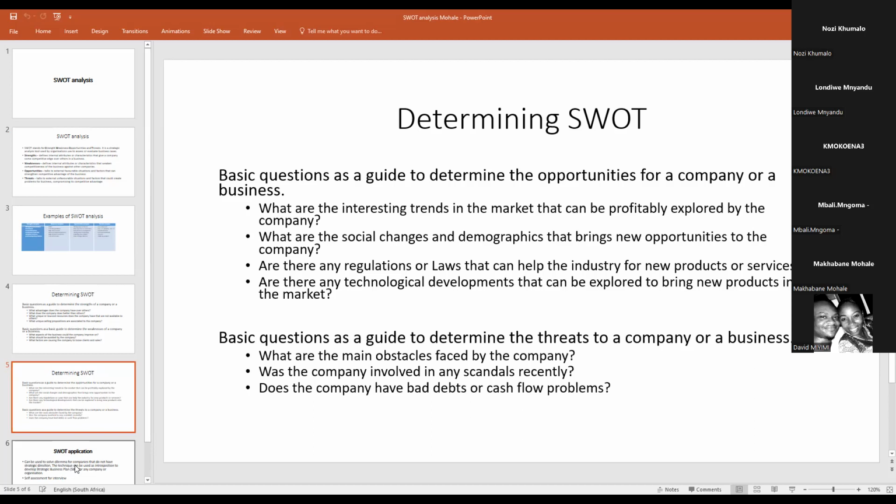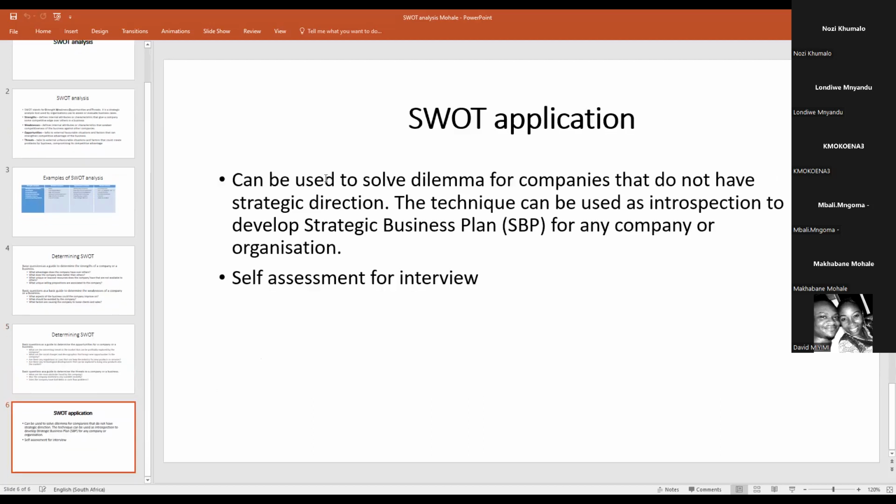And when it comes to the applications, I think in my organization, we have used SWOT analysis when we are trying to develop our strategic business plan. And then we found it very useful because we were able to identify the strengths, the weaknesses, the opportunities, and the threats.